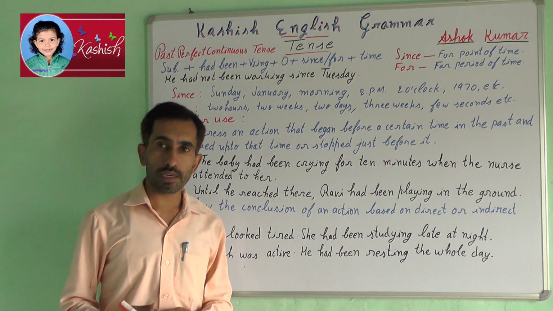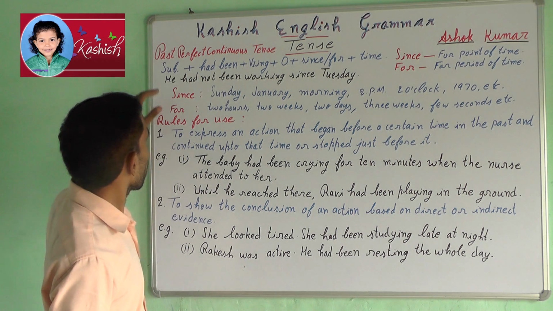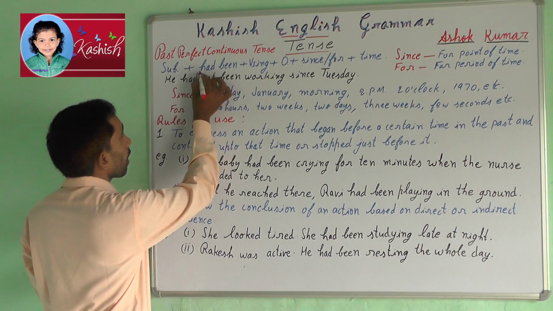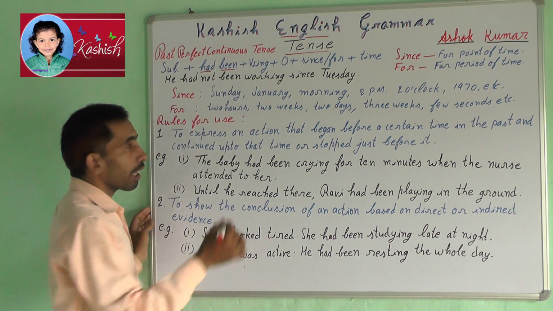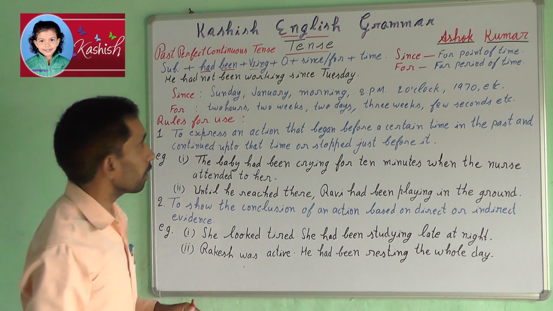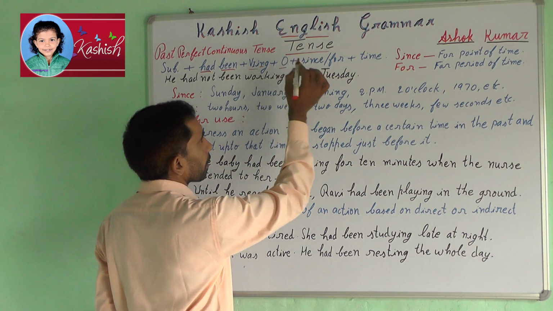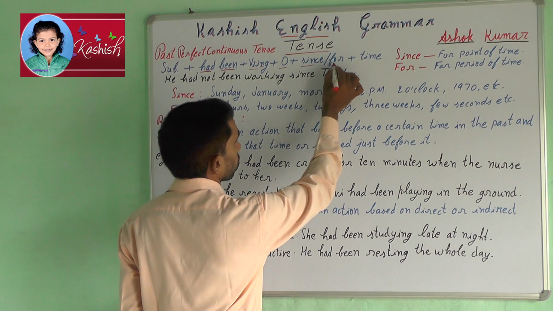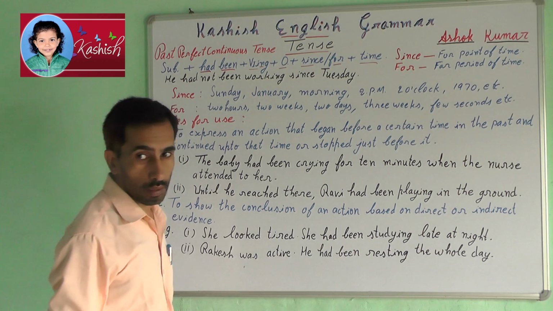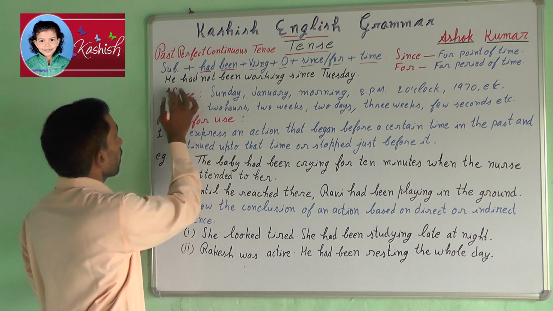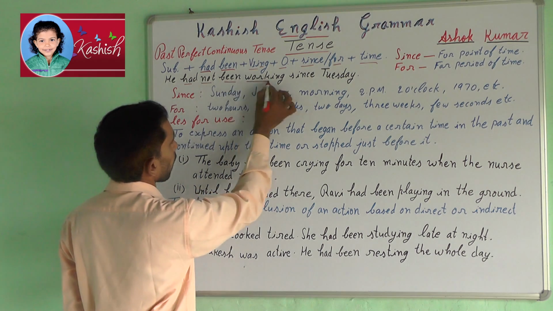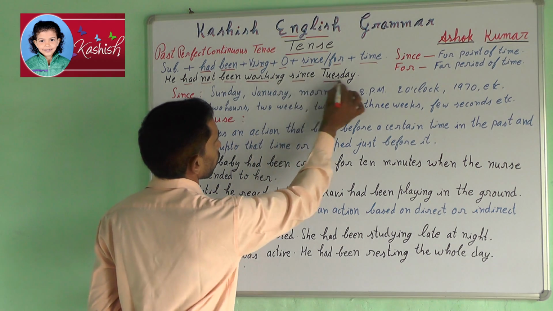Past perfect continuous. Structure: subject plus had been plus first form of the verb with ing plus object plus since or for plus time. For example, he had not been working since Tuesday.